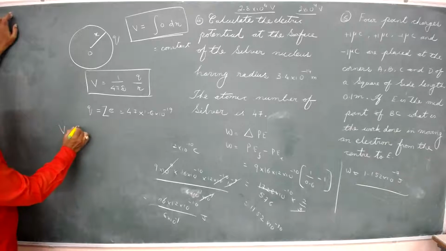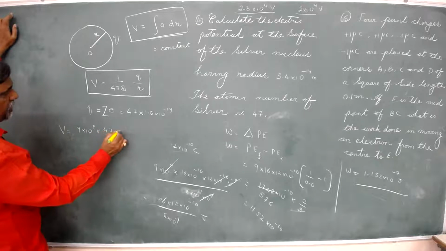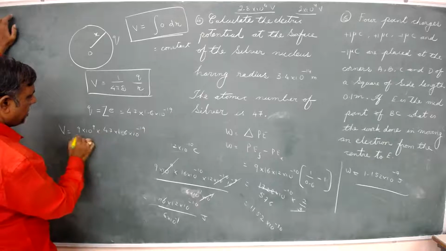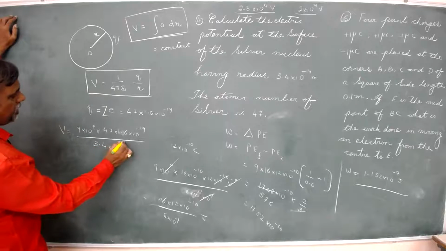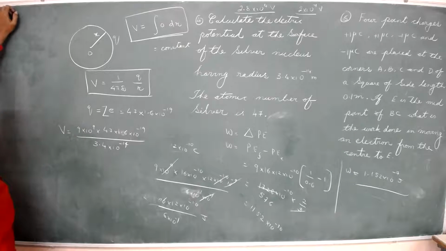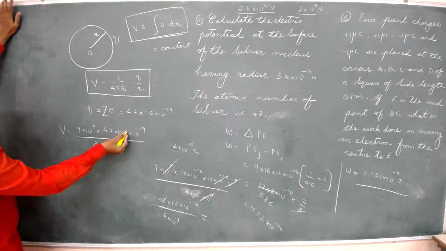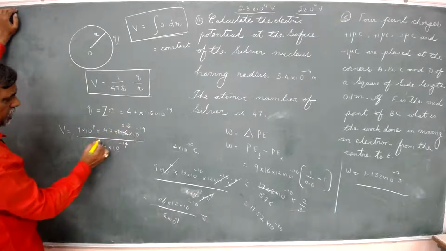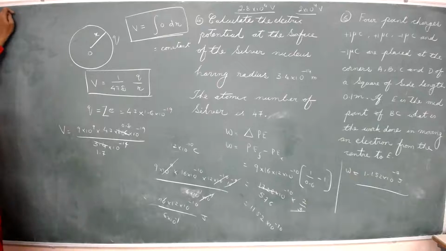So the potential is 9 into 10 power 9, into the charge 47 into 1.6 into 10 power minus 19, divided by R, where R is 3.4 into 10 power minus 14. Now we can cancel the common factors: this is 0.8 and this is 1.7. That's all. 17 is a prime number, so it cannot be cancelled further.